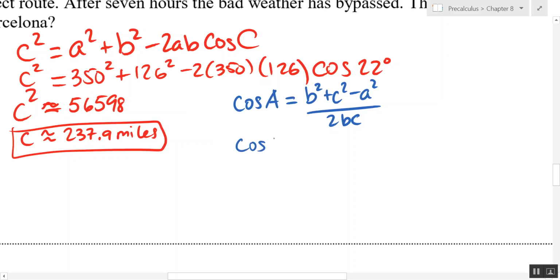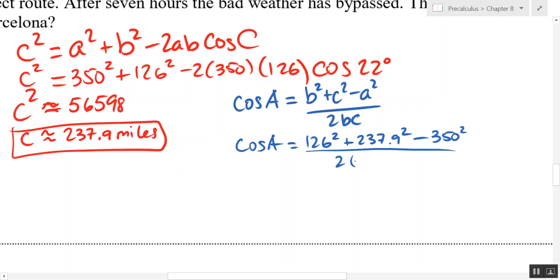So I'm going to say the cosine of A is equal to B squared, or 126 squared, plus C squared, and we said C was 237.9 squared minus A squared, which is 350, all over 2 times B, which is 126, times C.